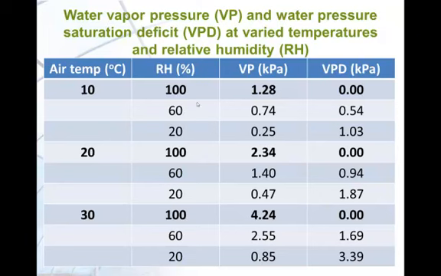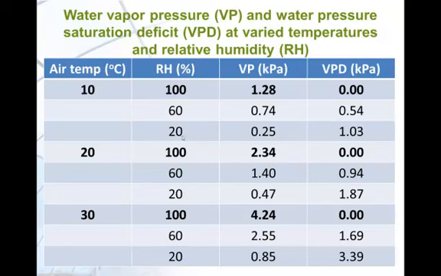60% relative humidity at 10 degrees C means the current vapor pressure is 60% of the saturation. Therefore, 60% of 1.28 kilopascal saturation is 0.74, and vapor pressure deficit is the difference between those two, therefore 0.54.